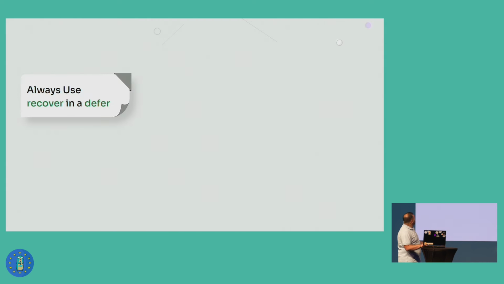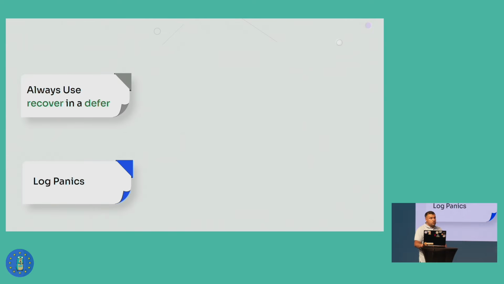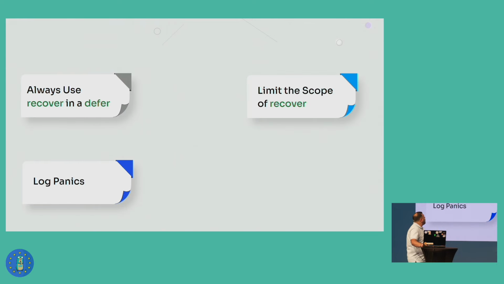So when panicking, always use recover in a deferred function. Log your panics. Capture and log panics to understand what went wrong and to facilitate debugging. Limit the scope of recover. And most important, clean up resources. Ensure that resources like files, network connections, or databases are closed.